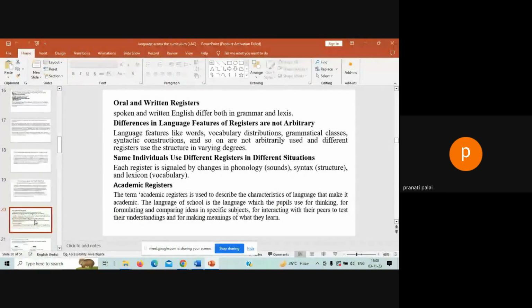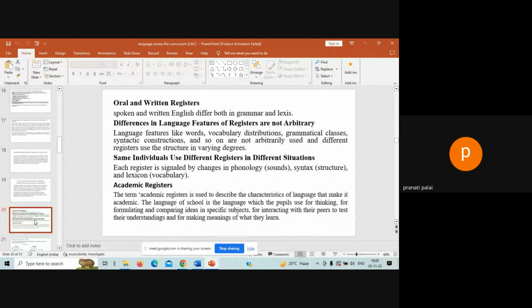So differences in language features of register are not arbitrary. Language features like words, vocabulary distributions, grammatical classes, syntactic construction. Syntactic means a structural construction and so on are not arbitrarily used. Different registers use the structure in varying degrees.